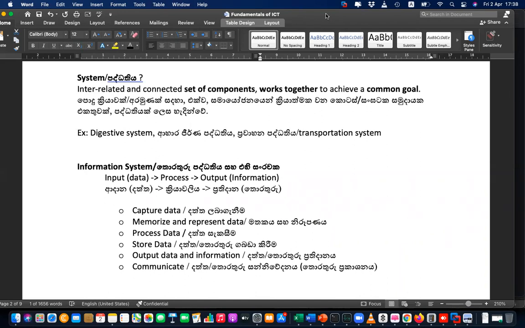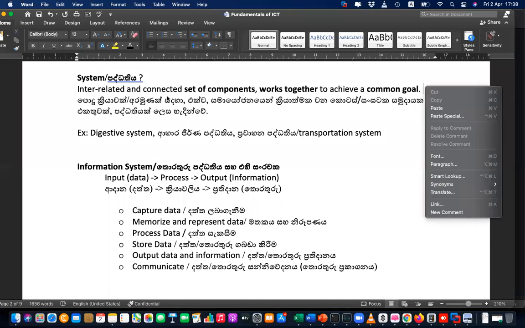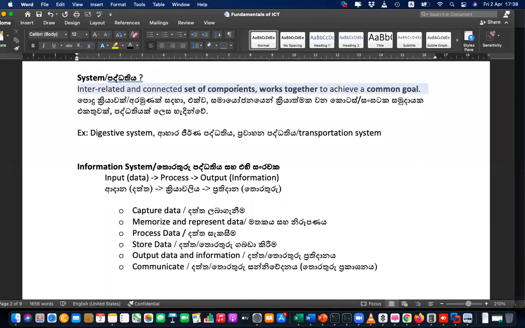In case you cannot remember, my advice is please write down, no need to write the Sinhala note, just write down the English one. A system is an interrelated and interconnected set of components that works together to achieve a common goal. And also write down what an information system is. An information system is a system focusing on processing data and creating information.